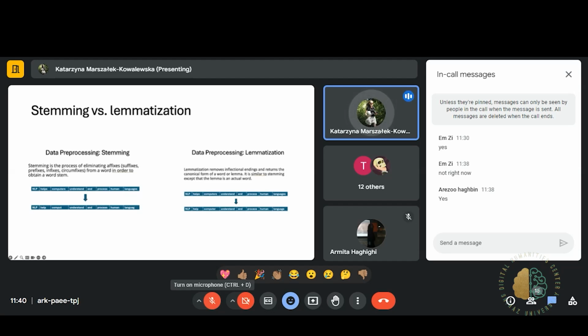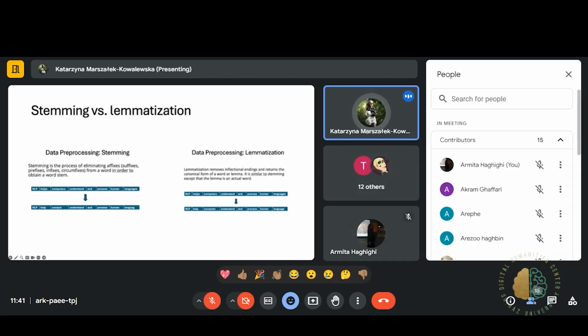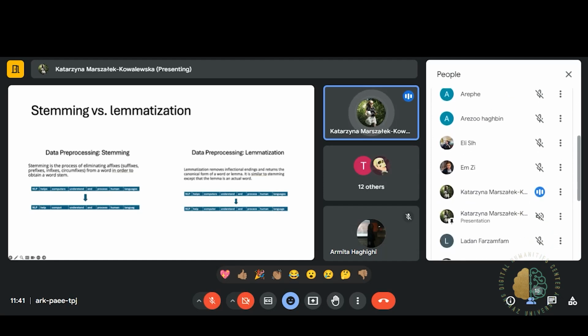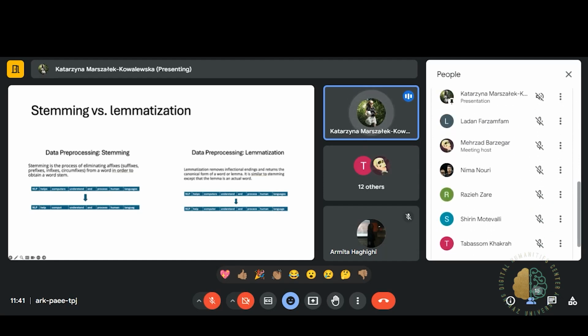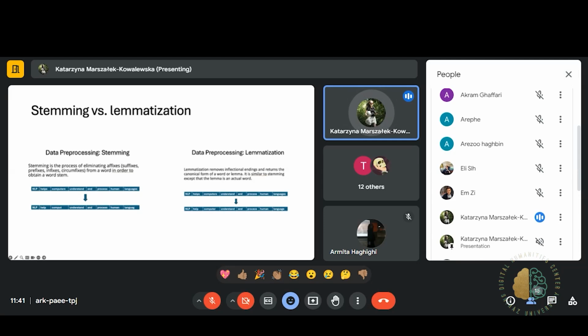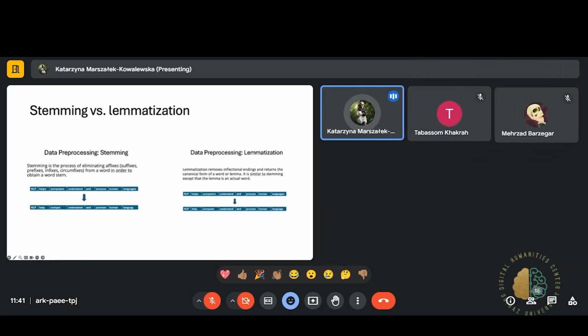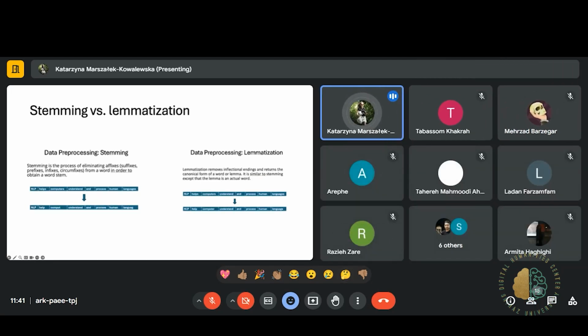So what you can see here are the two slides I put in the last presentation, which explained these two different processes in normalizing text when we prepare it for processing. Stemming was described as the process of eliminating all possible affixes from a word in order to obtain the word stem. And lemmatization is a very similar process, but here we are removing the inflectional endings and returning the canonical form of a word.